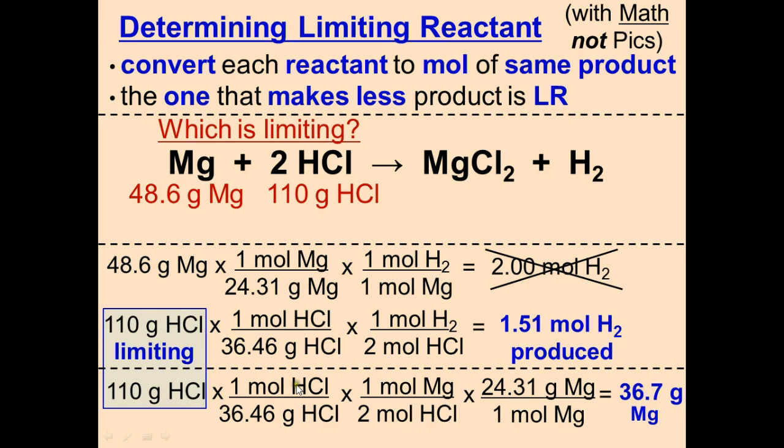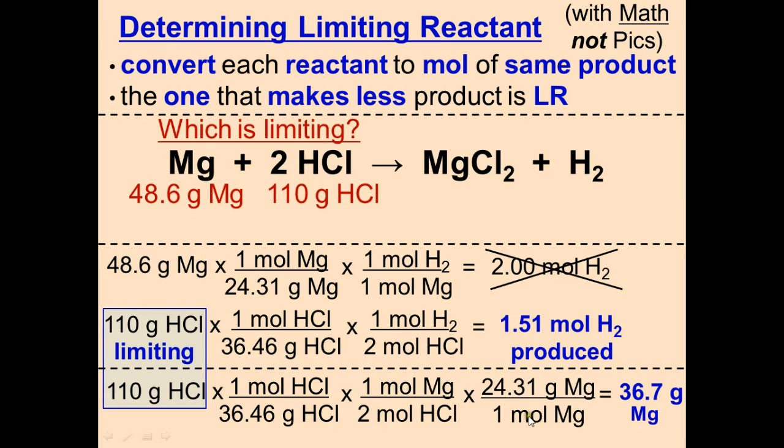Convert from moles of HCl to moles of magnesium using mole to mole ratio, which is calculated from these 2 coefficients. So 2 moles goes on the bottom because moles of HCl cancel out. Then 1 mole is calculated from here. So now we're left with moles of magnesium. Then we go from moles of magnesium to grams by using molar mass.